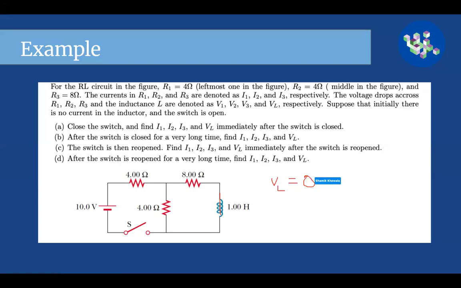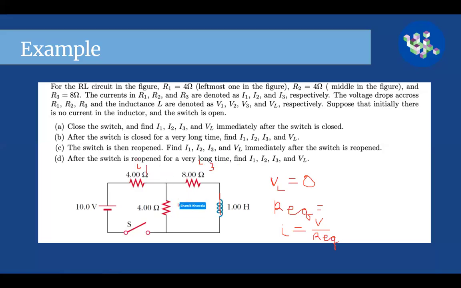So we just have a regular DC circuit, and you can find Req, and from that you can find I, which is V over Req. So you have I1, I3, and I2.